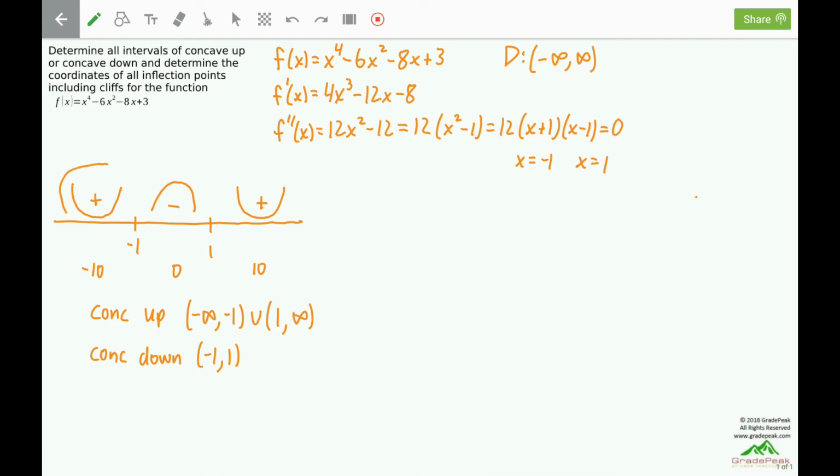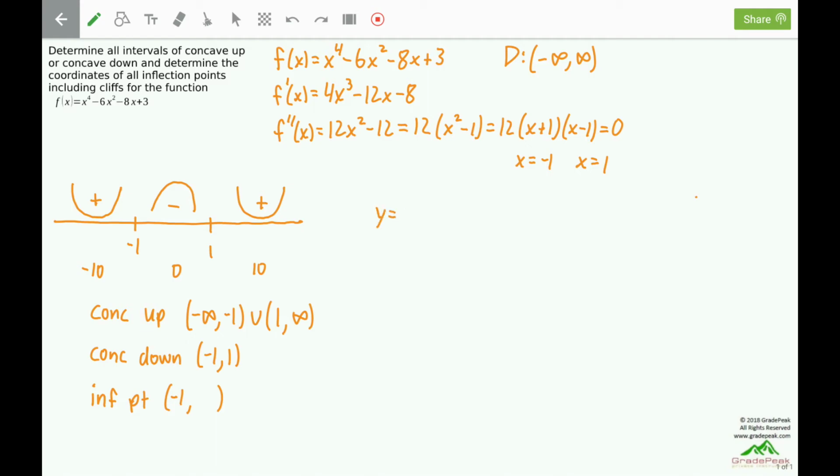At the candidate number of x equals negative 1, we have the concavity changing from concave up to concave down. That will make x equals negative 1 an inflection point. So we have an x-coordinate of negative 1, and there will be some corresponding y-coordinate, which can be found by plugging the negative 1 back into the original function.